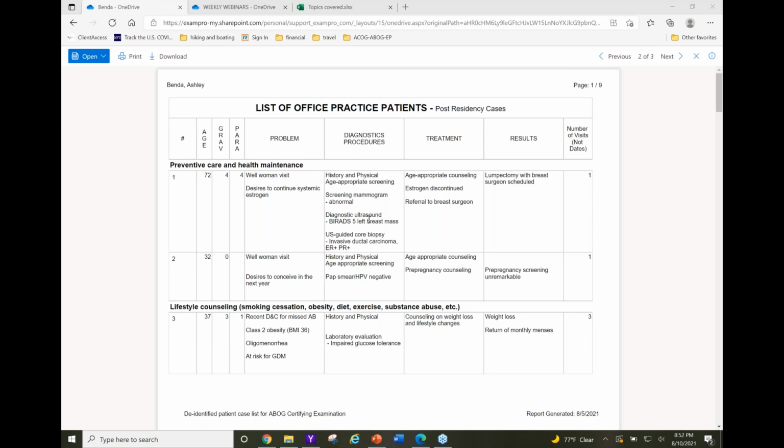BIRAD 4 is subdivided into A, B, and C, with A being the least likely to be cancer, and then B being the majority of that. I think A is something like 5% or less, and it goes up to like 95% gradually through A, B, and C, and I don't remember the exact cutoffs.